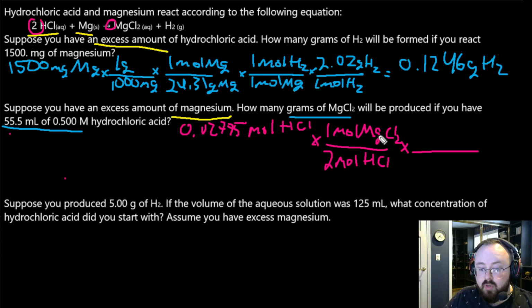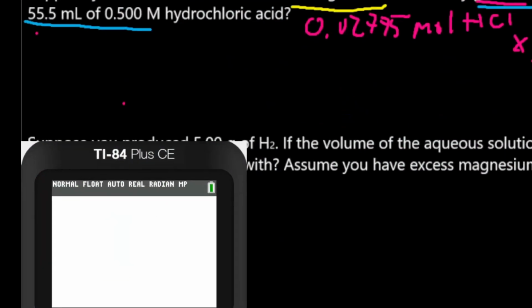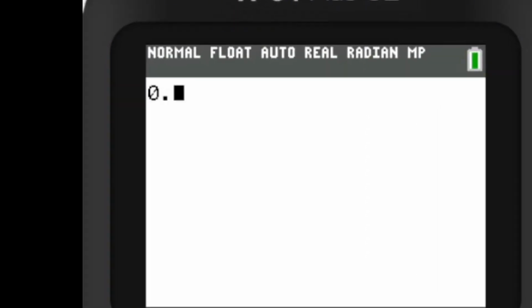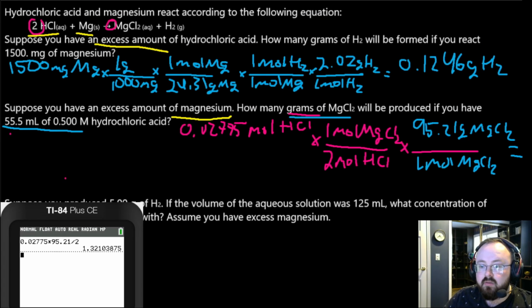Now, though, we're going from moles of MgCl2 to grams. That's our last step there. So we're going to need a molar mass. My final answer, which is, now is when we bring back sig figs, 1.32 grams of MgCl2.